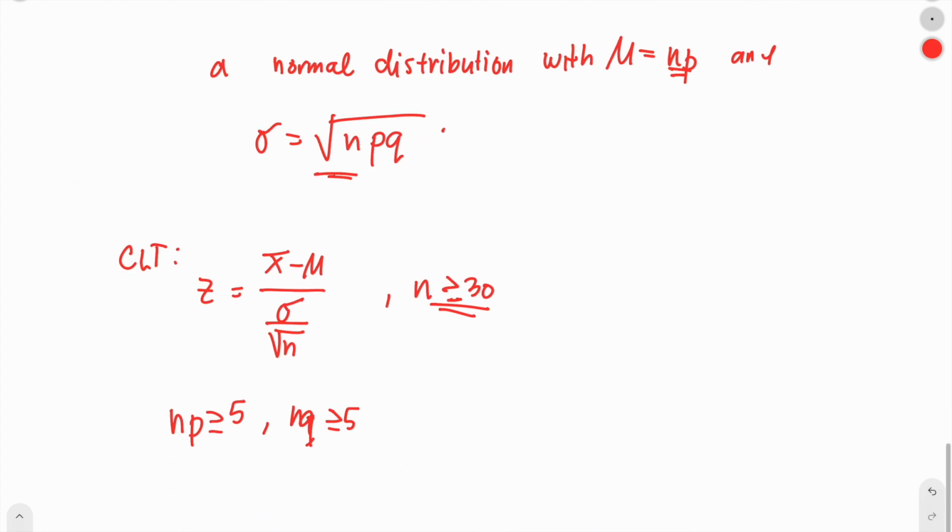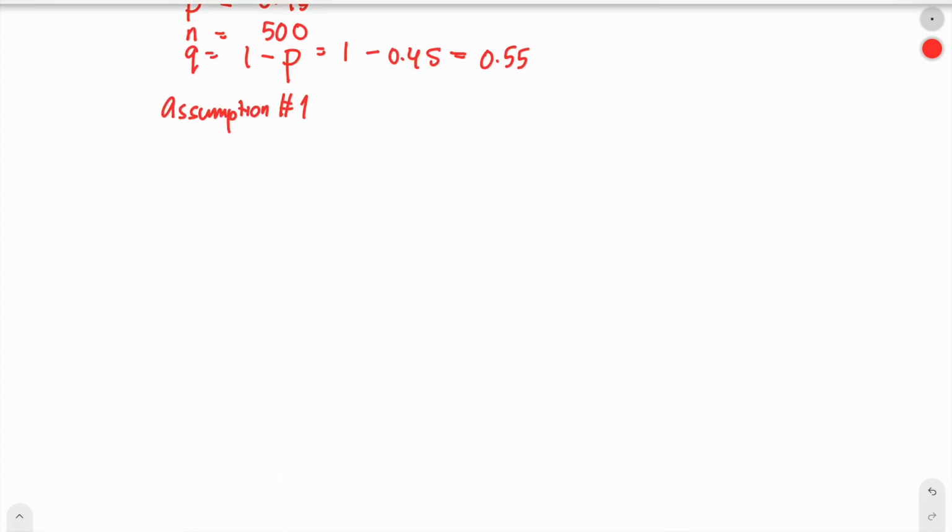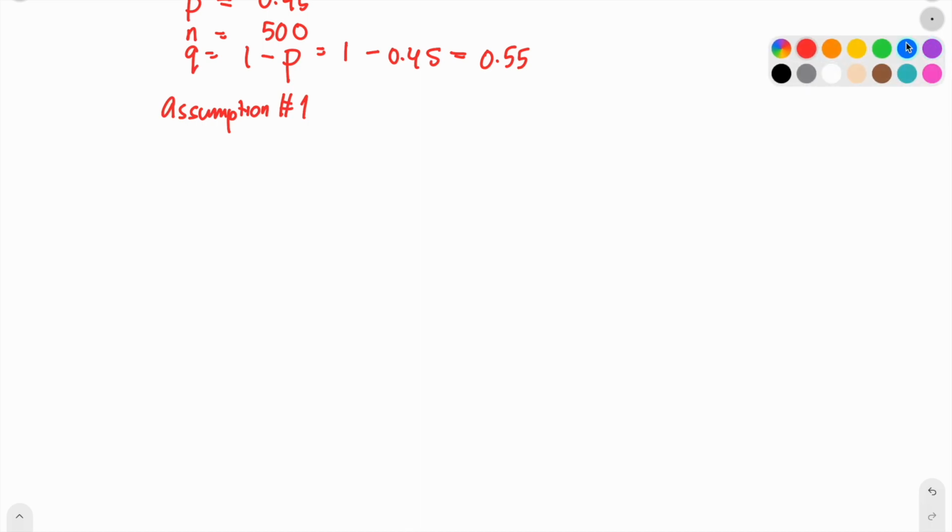This is where it's confusing. Did you notice? This should be what? This should be 0.40. Why, ma'am?